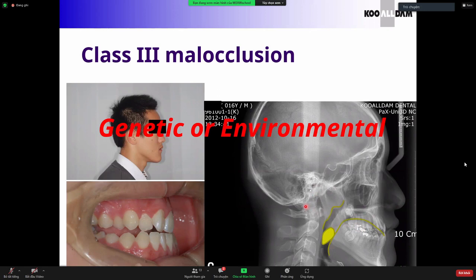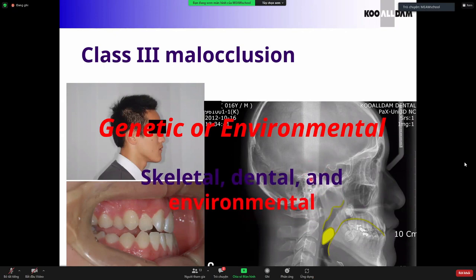So some think this kind of malocclusion may be caused by environmental factors, especially airway problems. However, if there is no or mild environmental problem, how can we think of the etiology of class 3 malocclusion, skeletal or dental?